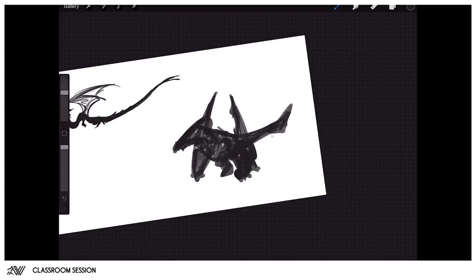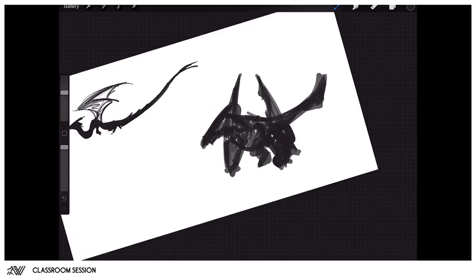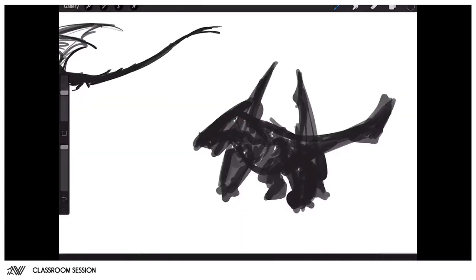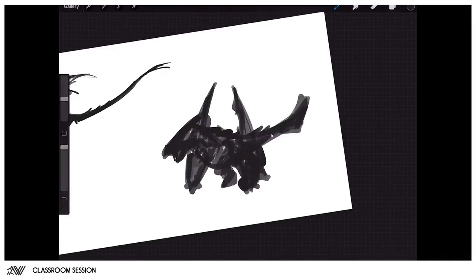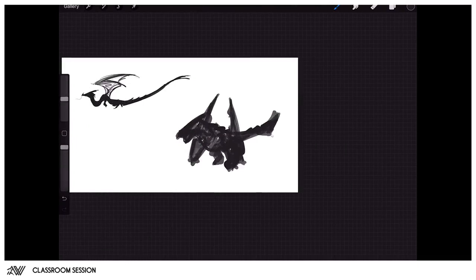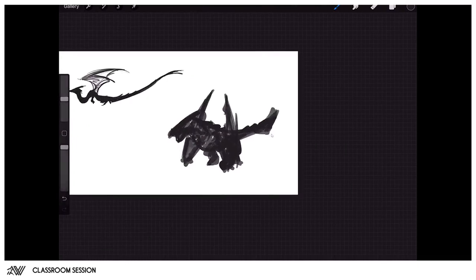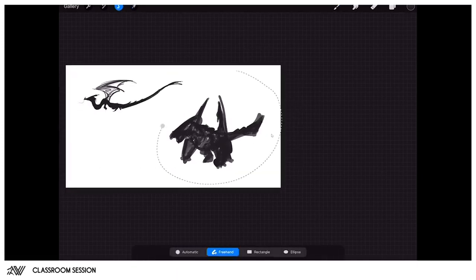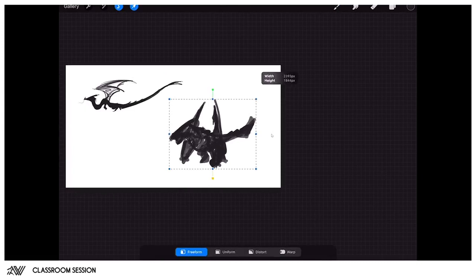Right, something like this. That's more like an alien dragon. You get the idea, right? Kaiju, yeah, thank you.